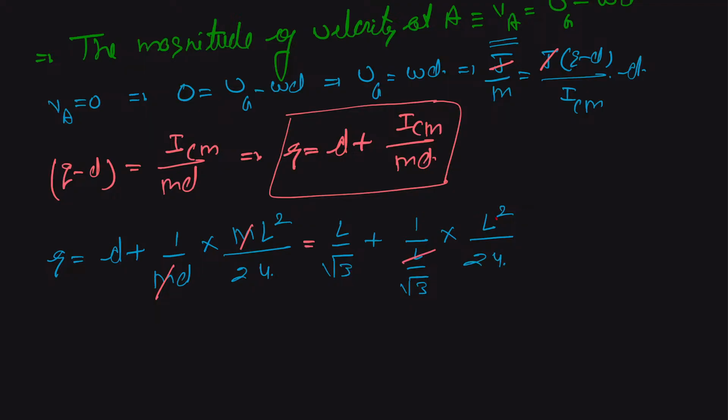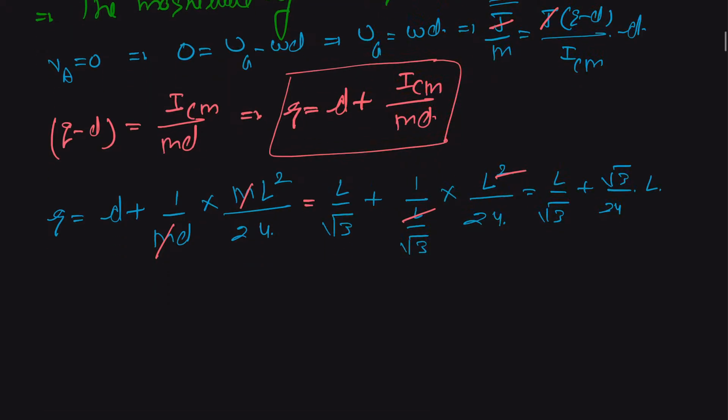Here the L square cancels out with L, and we are left with L upon square root of 3 plus square root of 3 upon 24 times L. We can manipulate it and take L as common, and it is much better to rationalize, so we get square root of 3 upon 3 plus square root of 3 upon 24, much easier to solve.